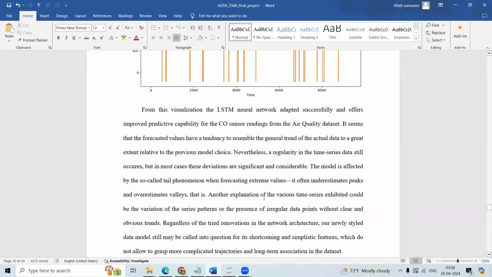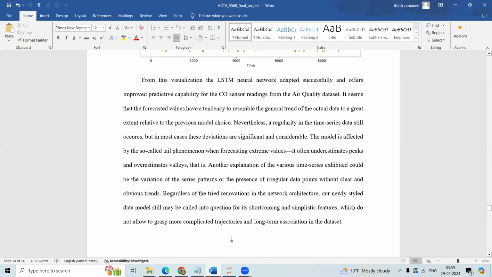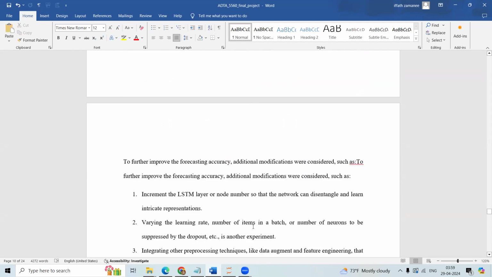Another explanation could be the variation of the series pattern or the presence of irregular data points without clear and obvious trends. Regardless of the renovations in the network architecture, our newly designed model may still be called into question for its shortcomings and simplistic features, which do not allow it to grasp more complicated trajectories and long-term associations in the dataset.